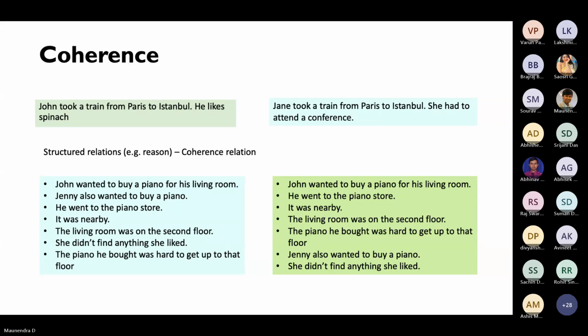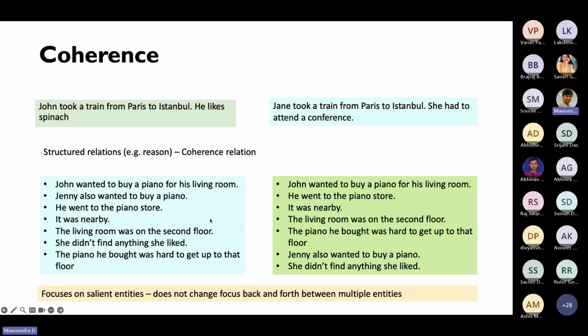So from these two inputs, we see that the second one is a good and coherent paragraph. On the other hand, the first one is not. Whenever we see a passage, a large volume of text, it is called discourse if it has coherence in it.